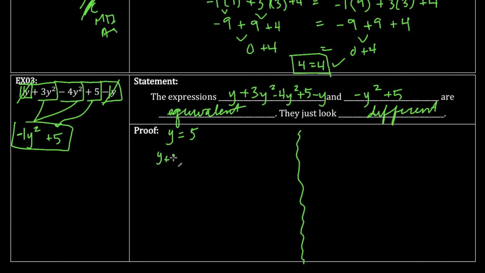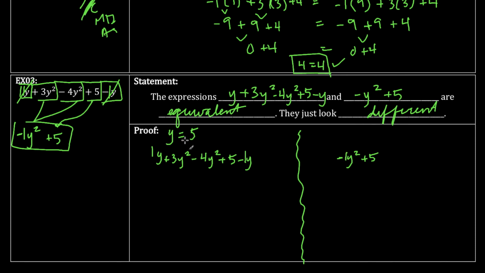Y plus 3y squared minus 4y squared plus 5 minus y should be equivalent to negative y squared plus 5. See right here, right here. I'm going to go ahead and write in the ones just so I don't forget about them.